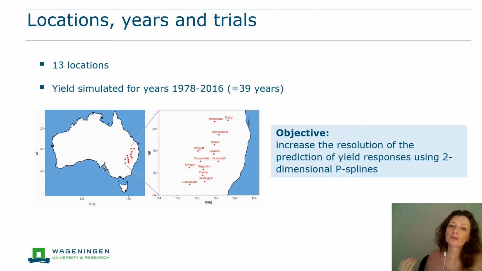And the question was, can we increase the resolution of the prediction of yield responses using these two-dimensional P-splines? In other words, if we fit two-dimensional P-splines, can we predict for locations that were not necessarily included in the multi-environment trial network?